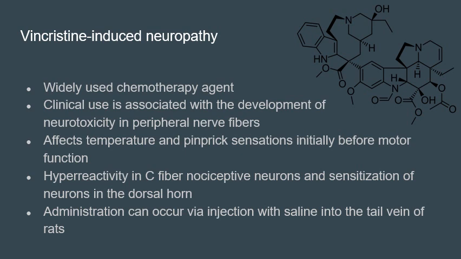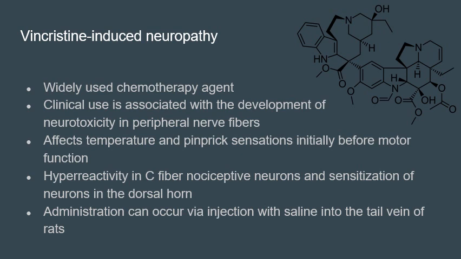Vincristine is a widely used chemotherapy agent that is used to treat breast cancer, leukemia, and other malignancies. Clinical use of vincristine showed that it has neurotoxic effects on peripheral nerve fibers, producing sensory motor neuropathy.